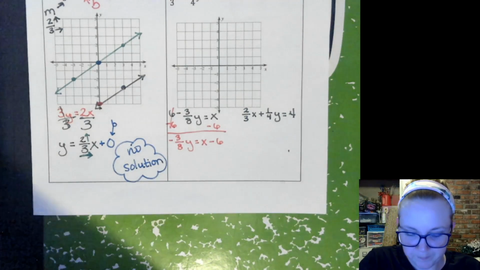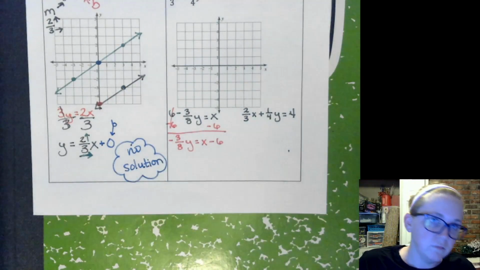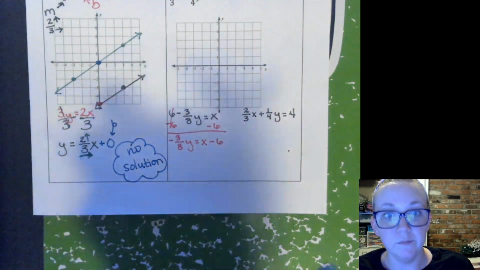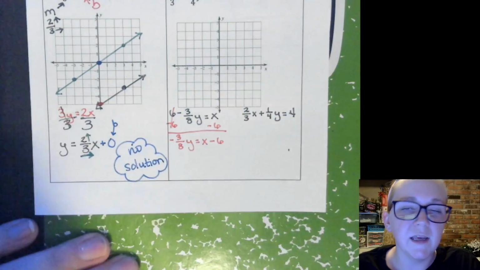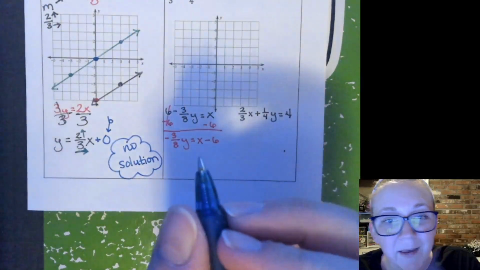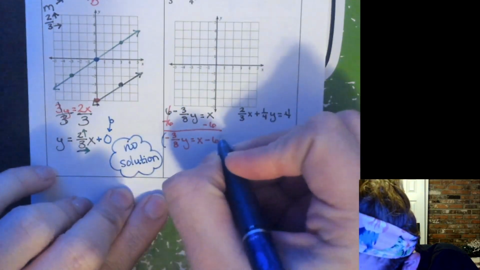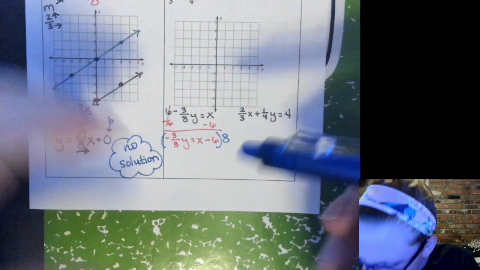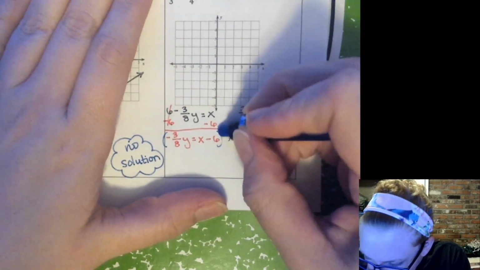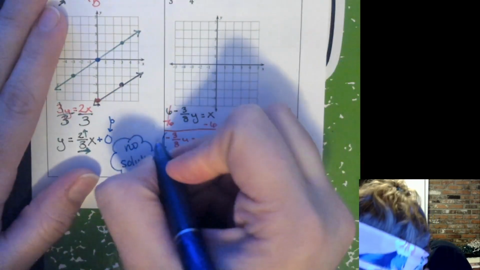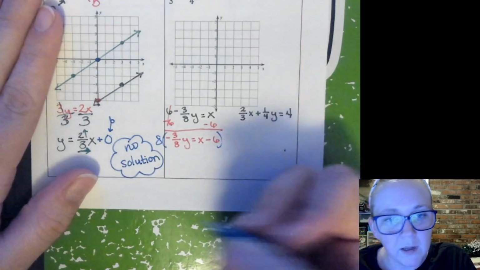So here's Miss Howell's fraction hacks. The bottom number is 8, right? We're going to multiply everything by 8.